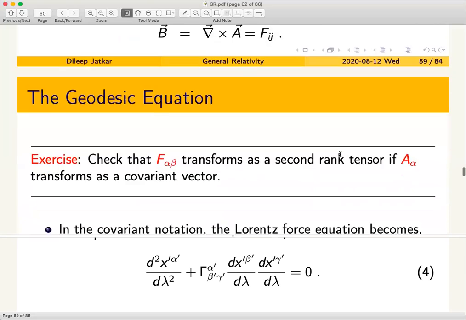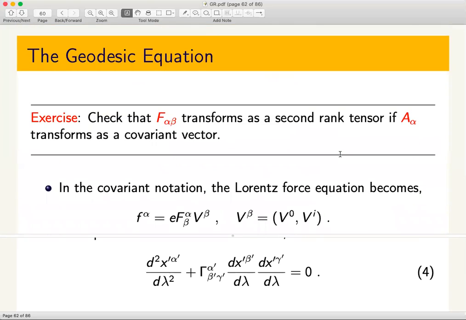So let's check what happens. The first thing that you can check, as a simple exercise, is that F alpha beta transforms like a second rank tensor if A alpha transforms like a covariant vector. So this is of course a second rank covariant tensor F alpha beta. You have to assume that A alpha transforms like a covariant vector.